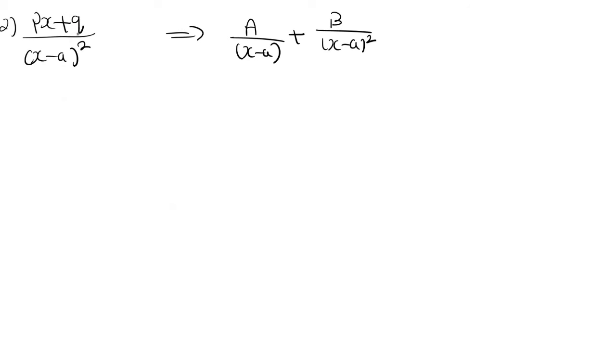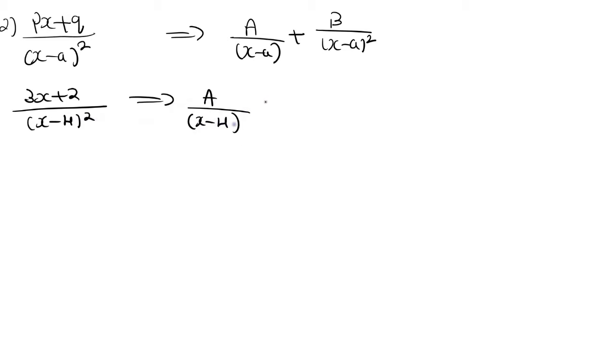Second form, px plus q divided by x minus a whole square. You can write it as a by x minus a plus b by x minus a whole square. For example, 3x plus 2 divided by x minus 4 whole square, you can write it as a by x minus 4 plus b divided by x minus 4 whole square.